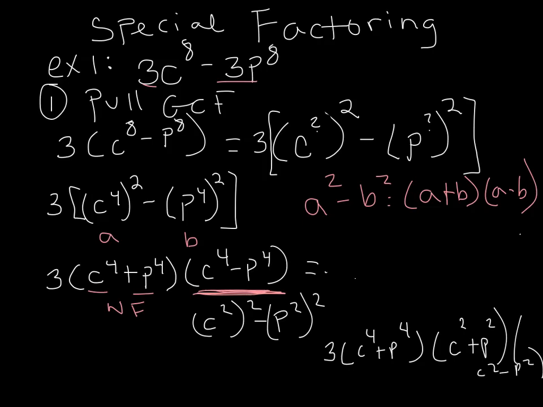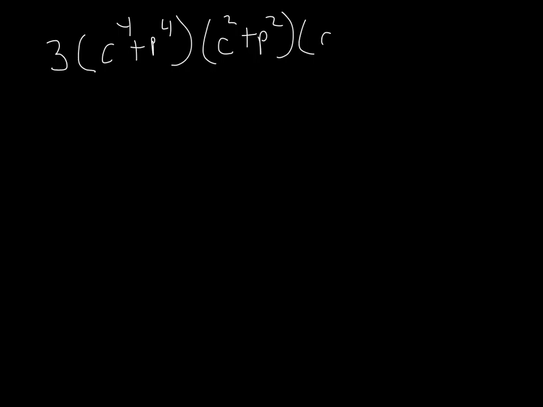But we're not done yet, are we? Now we look at that c squared minus p squared term. Let's just go to the next slide here. Just to recap, you've got c to the fourth plus p to the fourth, and then we took that other term, so now you have c squared plus p squared times c squared minus p squared.